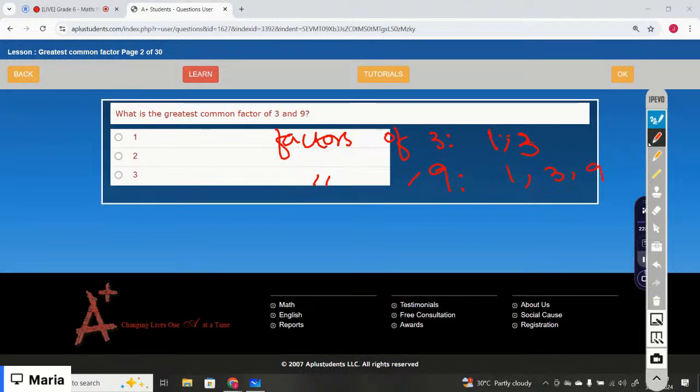So which is the greatest common factor? The greatest number is 3. So the greatest common factor of 3 and 9 is 3. The correct option is option number 3. Got it?